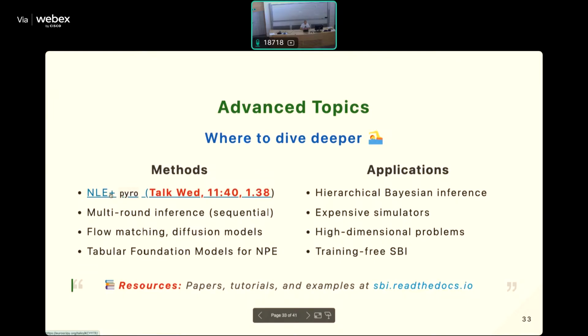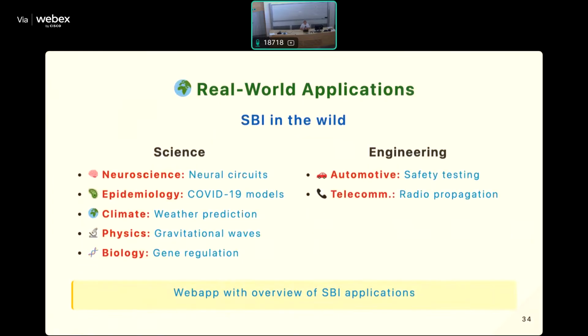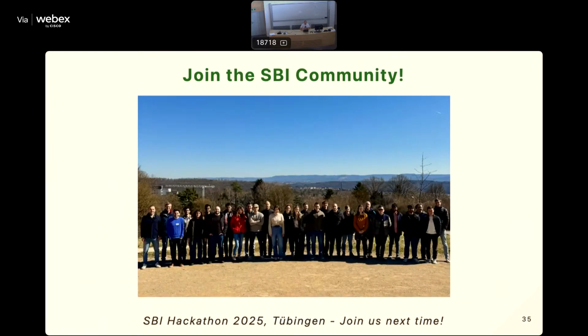And there will be a talk tomorrow on NLE and Pyro: how we can use neural likelihood estimation together with Pyro to perform hierarchical inference. That's tomorrow morning in this room. There are really nice applications of SBI in different research domains, and of course a bigger and bigger SBI community.